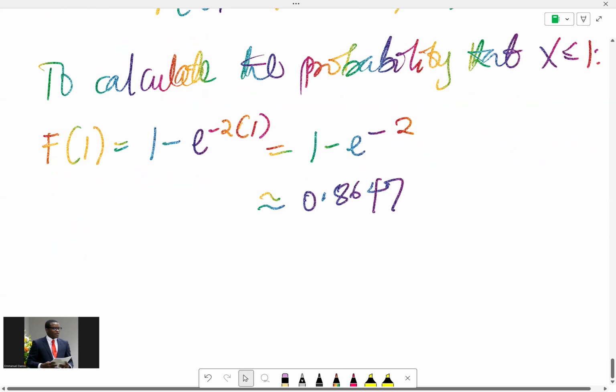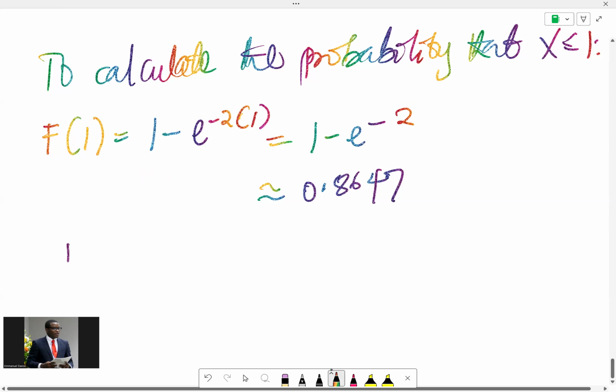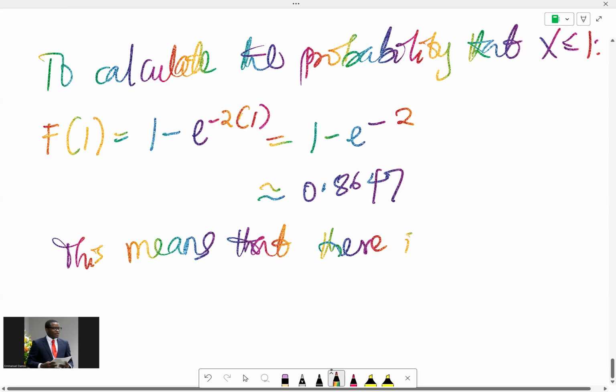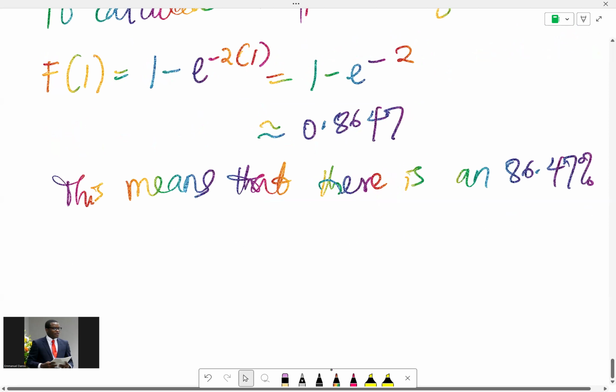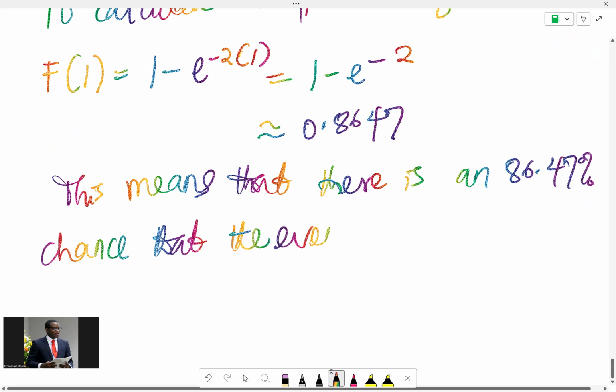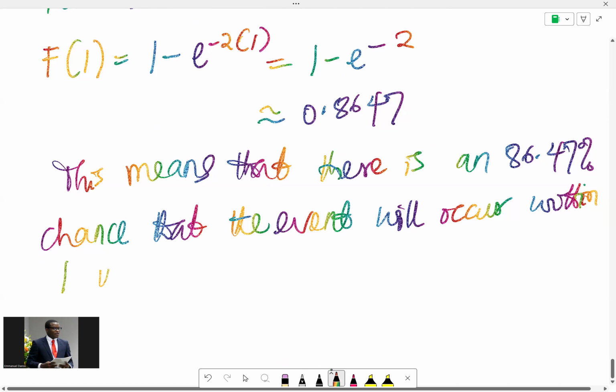So this simply means that there is an 86.47% chance that the event will occur within 1 unit of time.